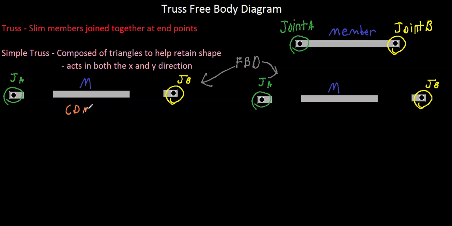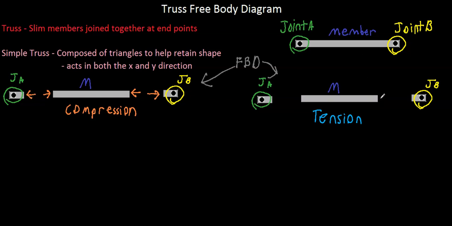The two ways that these systems can act are compression and tension. Both of these should be fairly obvious to sketch. If we were to put this member under compression, we would have forces pushing inward, and of course, at the joints, we'd have equal and opposite forces pushing them outward.